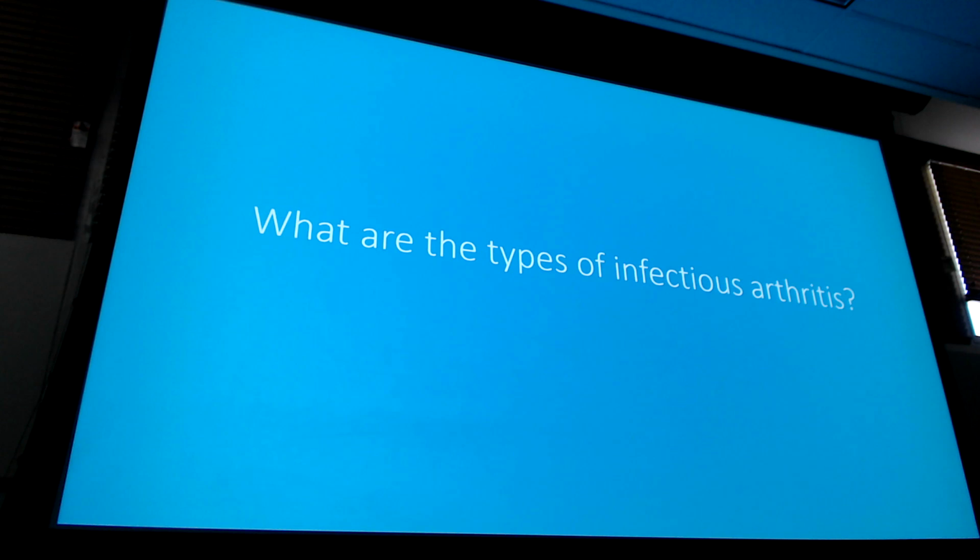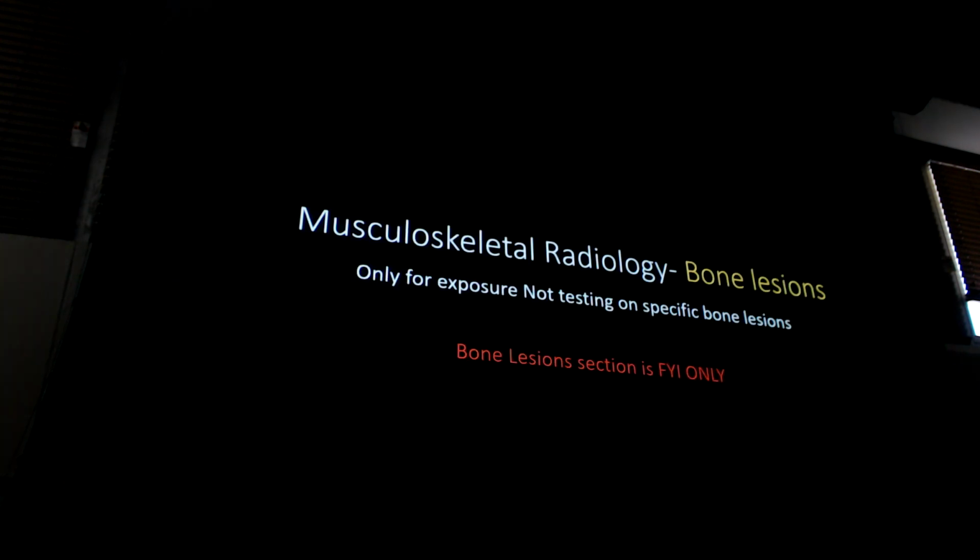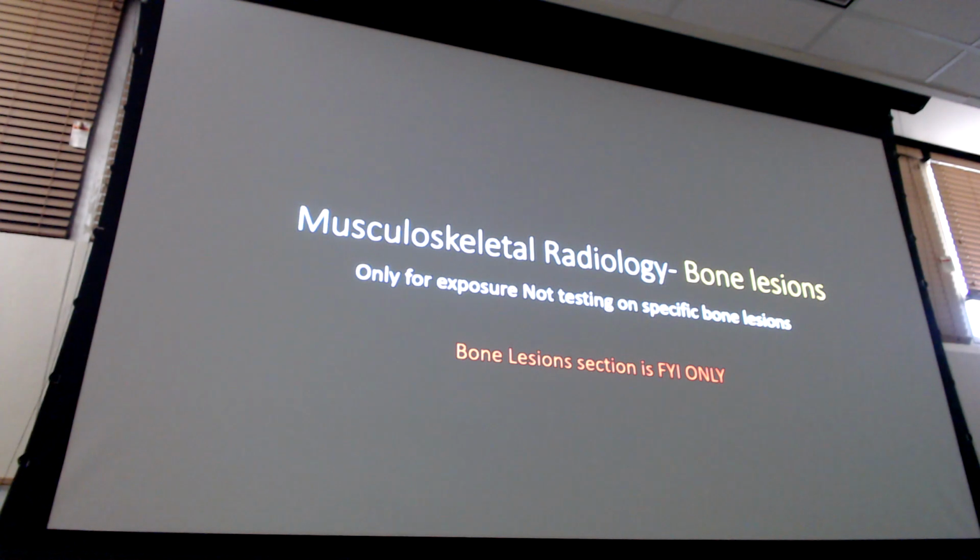Types of infectious, 2 kinds: pyogenic and non-pyogenic, right? Staph aureus for pyogenic, indirect tuberculosis or just mycobacterial tuberculosis for non-pyogenic. Any questions on arthritis? All right.